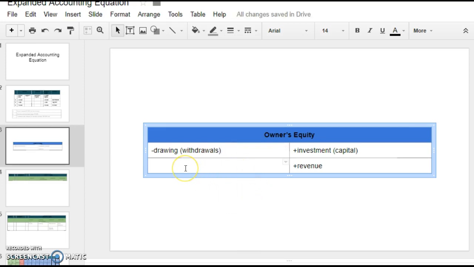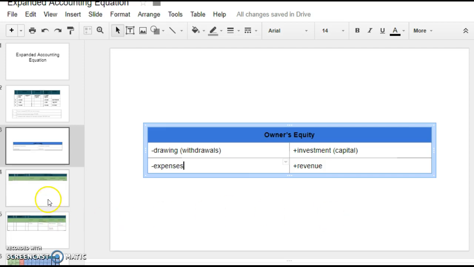And the other way owner's equity is impacted is through expenses, which will decrease owner's equity. So now we have to keep track of these separately so we can keep a running total of how much we paid in wages, how much revenue we received, how much the owner withdrew, and how much the owner invested. So we have to create separate accounts.